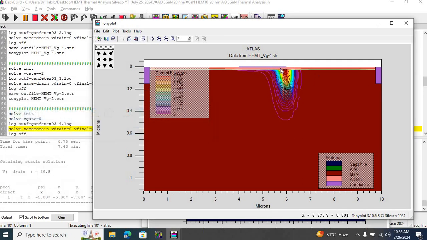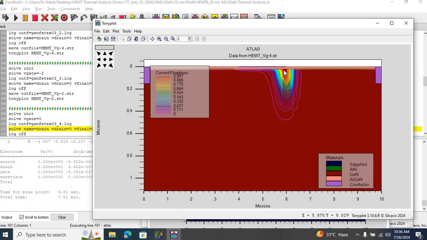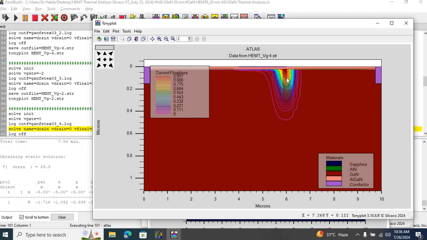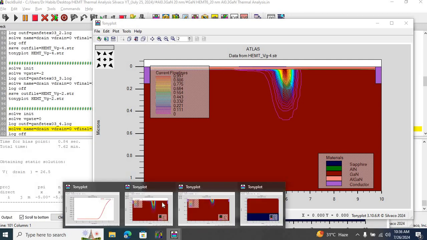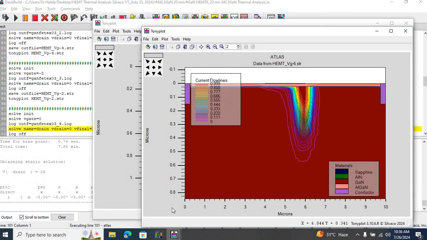Now we see that at -4 volts there is slightly less repelling of the current flow lines under the gate electrode as compared to at -6 volts.